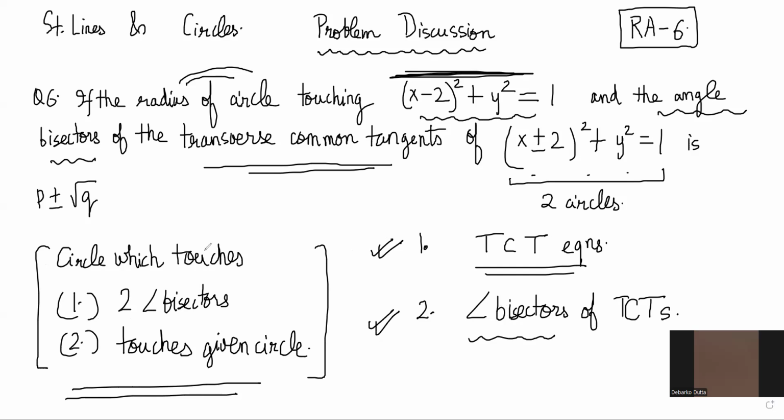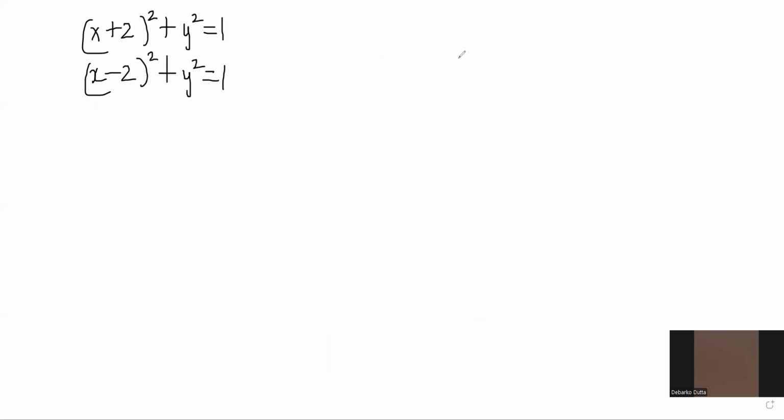correct? Yes, sir. So draw the graph for the circle, and then you can think about transverse common tangents. So let's say my first circle is x plus 2 whole square plus y square equals 1, and the second circle is x minus 2 whole square plus y square equals 1, right? So it will look somewhat like this.